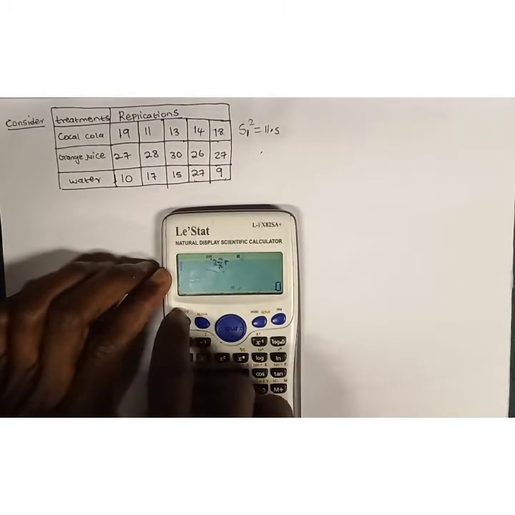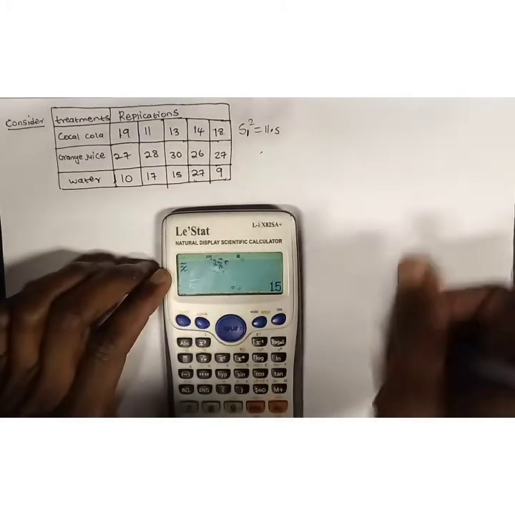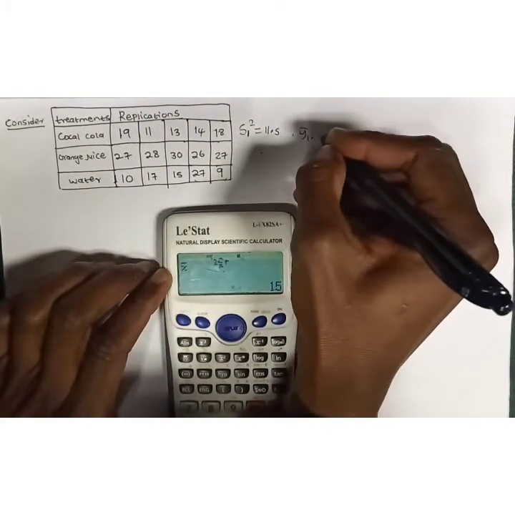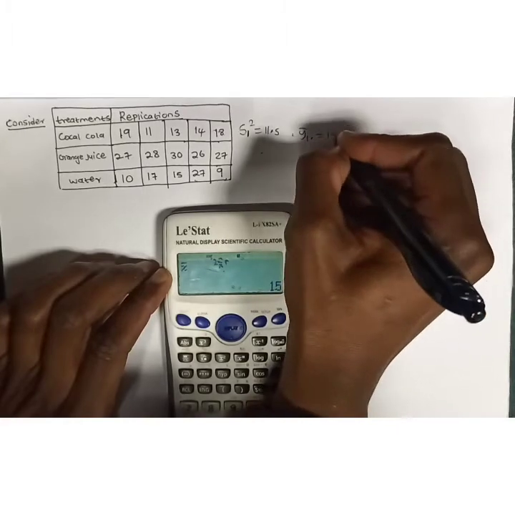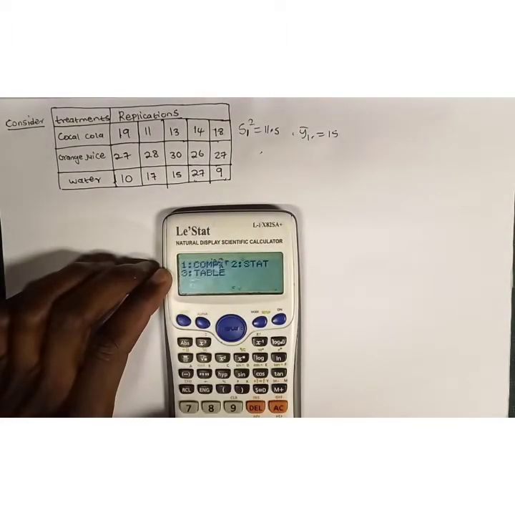I'll also have to find the mean for each treatment. It's also important. So the mean for this, y bar 1 dot, is given by 15. Let me do the second treatment now. Go back to my table, then I input the values for the second treatment.